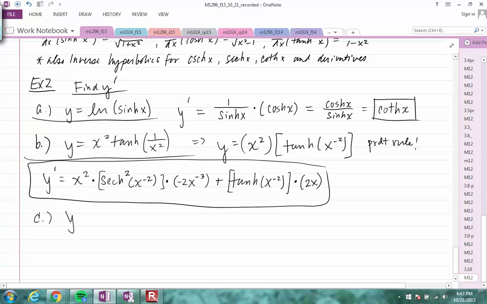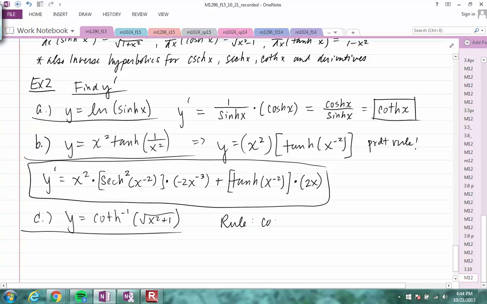Another one. y is equal to inverse coth of root x squared plus 1. Wow. You would be given this rule, and you'd be given these other ones, but I'm just going to write down the rule here because it's kind of a weird one that we wouldn't even probably guess.